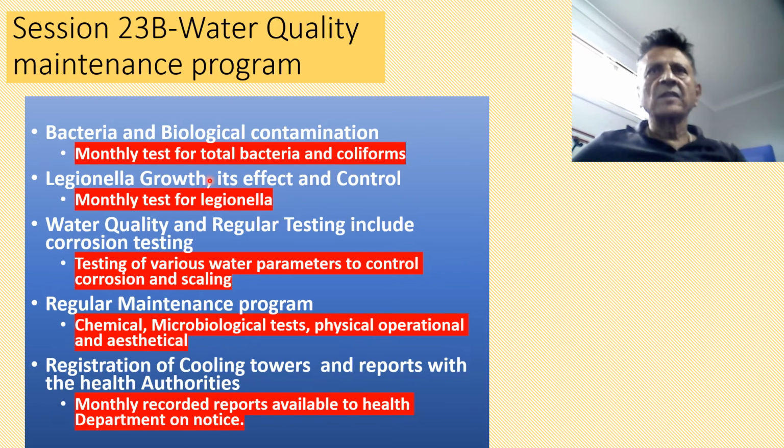Legionella growth, we have to do a test for Legionella every month to ensure that it's virtually absent. The effect of Legionella is well known because this Legionella bacteria is very infectious, causing infection generally in immunocompromised people and aged people, causing Legionella pneumonia, eventually leading to death.